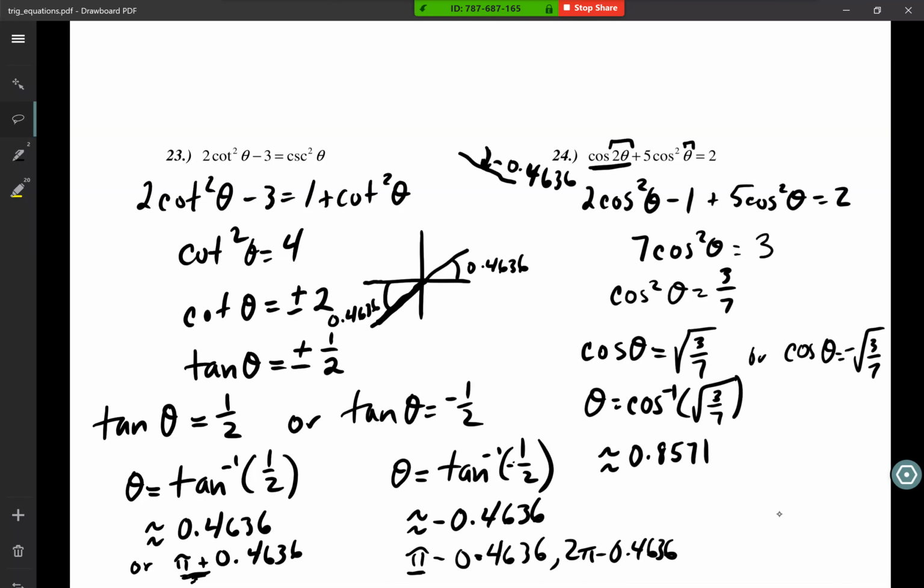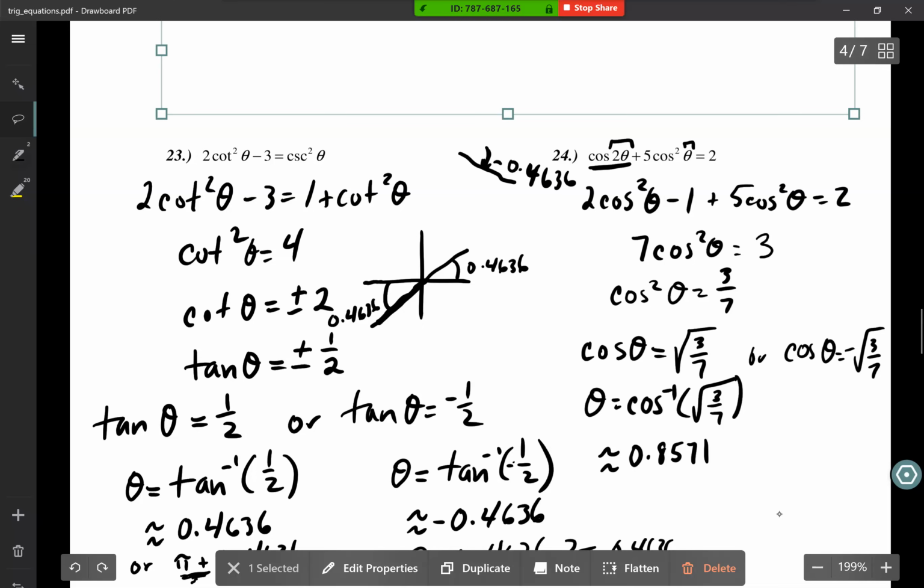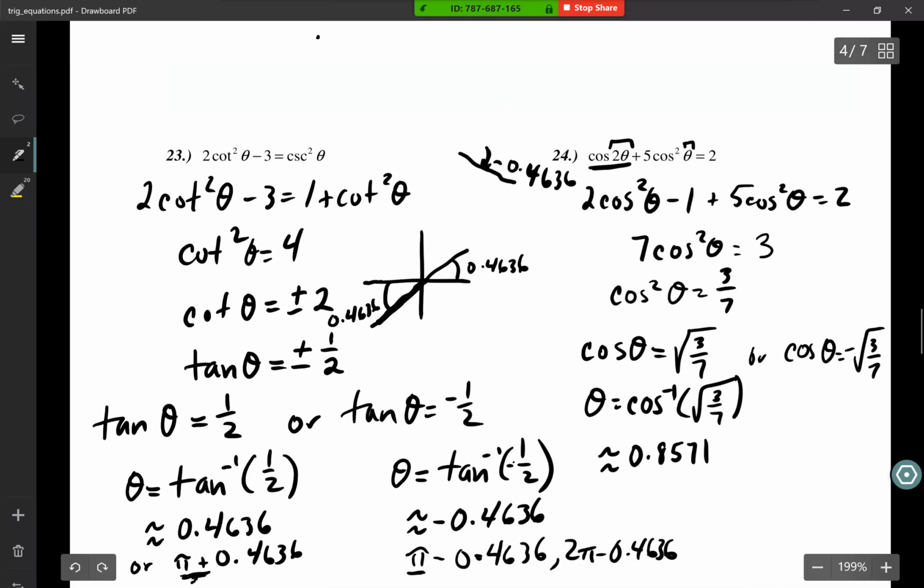All right. Remember that inverse cosine gives you an angle in quadrant 1 or quadrant 2, not quadrant 1 or quadrant 4. So if I go here, I would have an angle in quadrant 1 that gives me the 0.8571, like we talked about before.